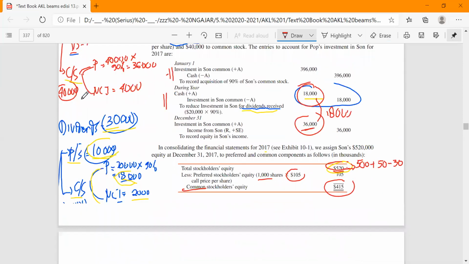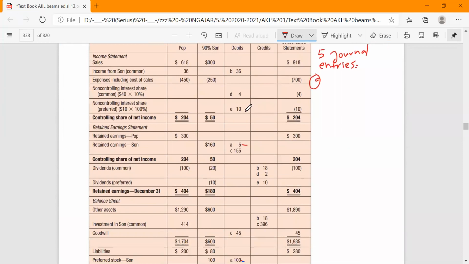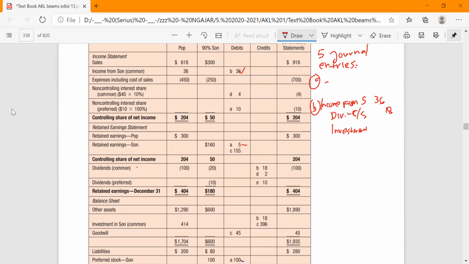So journal entry B is like this: income from S, we eliminate it, and then dividends for the ownership of the common stock, of course, and the increase of the investment in S. Okay, that's for number B.